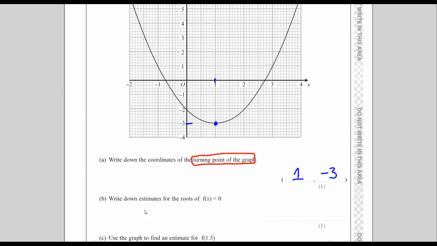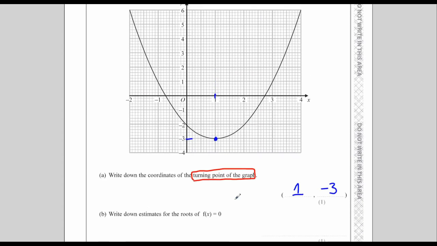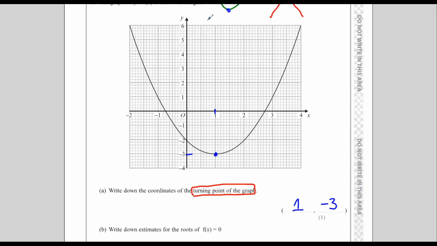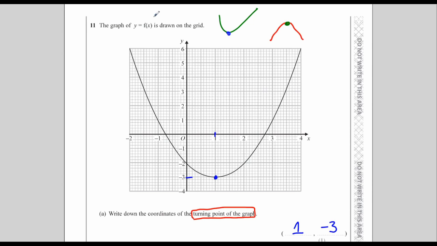Write down estimates for the roots of f of x equals 0. Now, just to give you a graphical answer, here we're talking about y equals f of x. Y equals some function of x. Okay, so this axis is basically f of x.